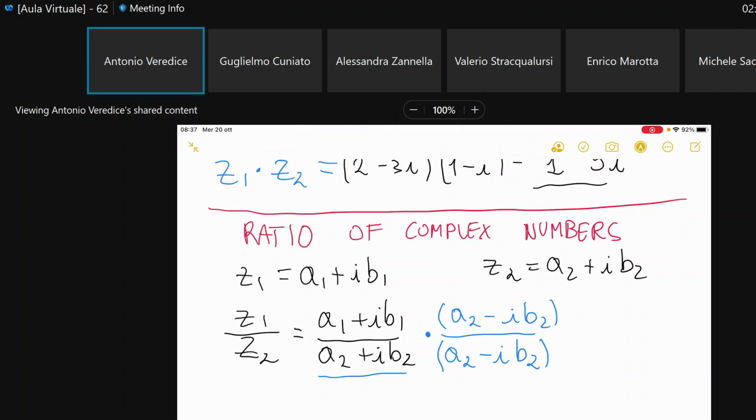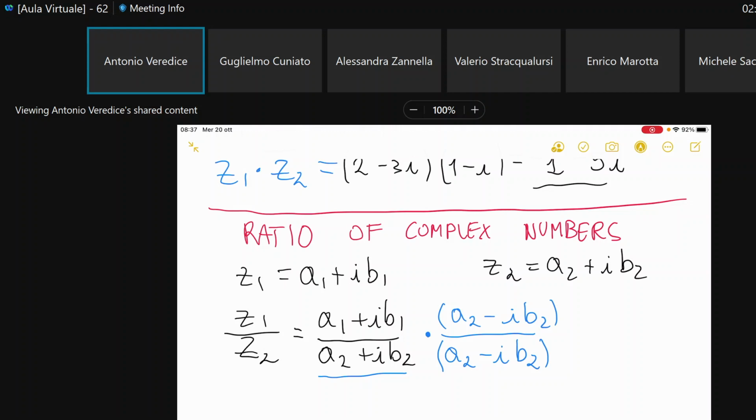When you compute an algebraic step like this, you have to ask yourself two things. Can I do it? That's the first thing. And is it useful? The first answer is yes, we can do it, because we are multiplying both numerator and denominator times the same number.